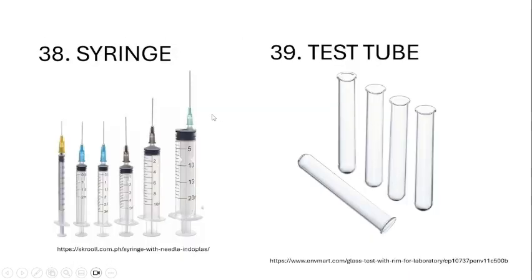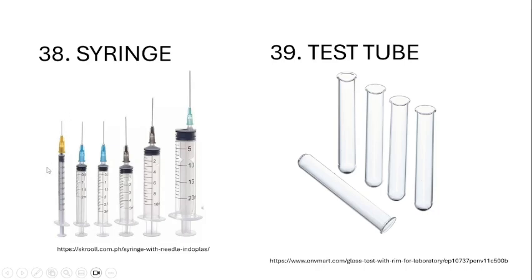Next is the syringe. Syringes are graduated cylindrical barrels with the plunger and then a needle attached to the other end. This is used to transfer precise volumes of liquids or withdraw liquid samples. I am certain that you are really familiar because in layman's terms, we call this injection.